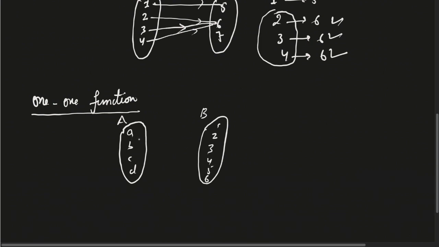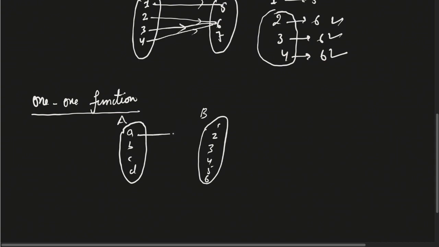So in one one function, each element in set A will have a distinct image in set B. That is, no two elements in set A can have same image in set B. Then this is called a one one function.